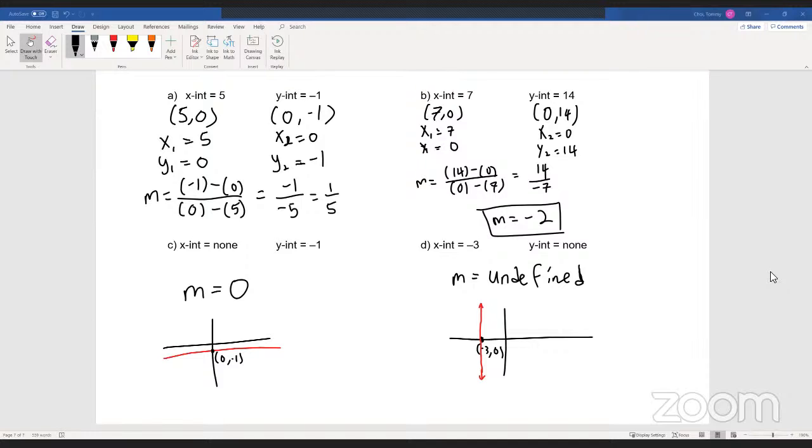Are we still solving for B? Okay, looks like there's no questions. So we're going to leave this one there.